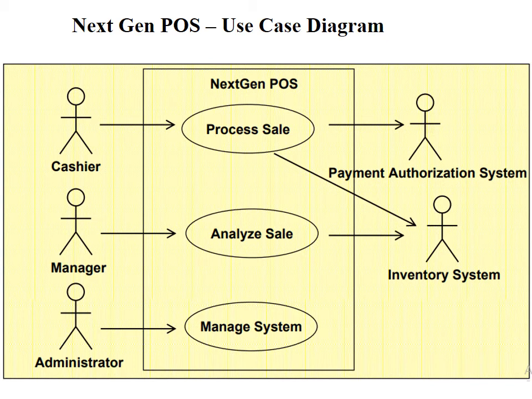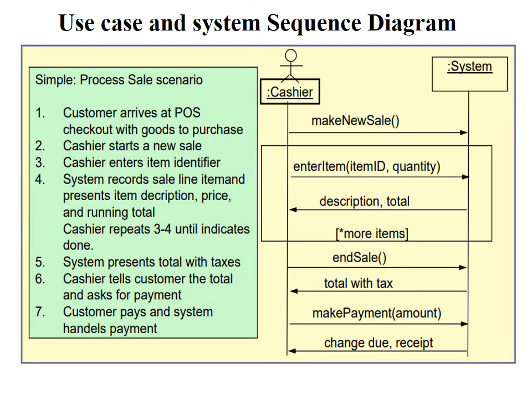Finally, the administrator manages the entire system. Here the use case diagram for the next gen POS is given in a simple manner. Since you are a beginner in this subject, it is enough for you to draw this use case diagram for next gen POS. Hope you understand what next gen POS is and how to draw a use case diagram.